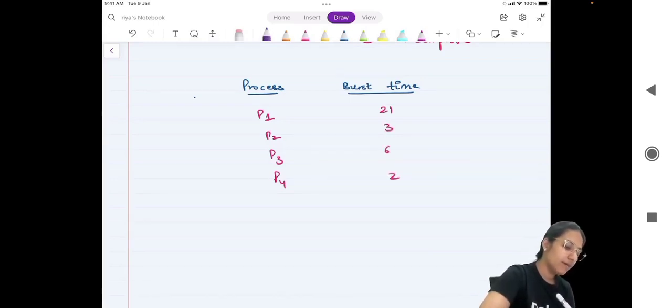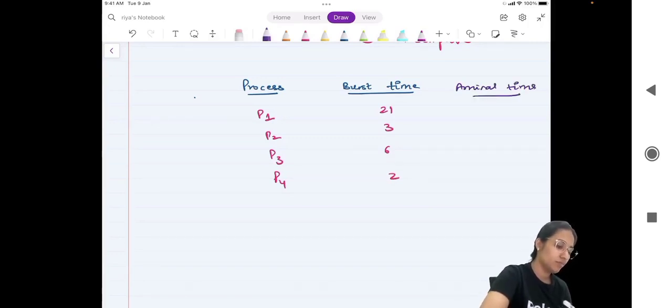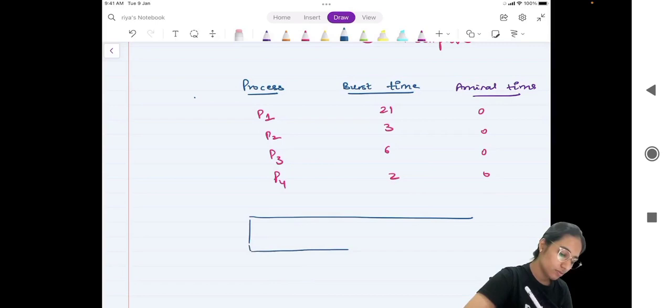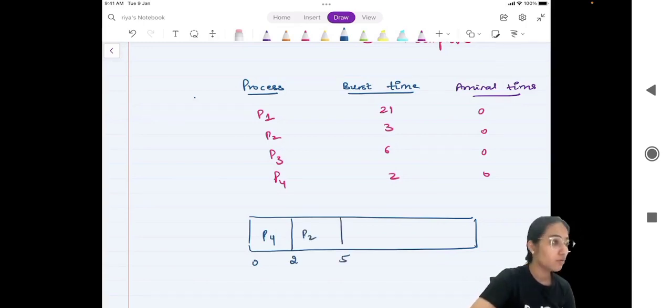The arrival time for all of them is the same. So which one will you execute first? It will be P4. Then you will execute P2. Then you will execute P3. Then you will execute P1.